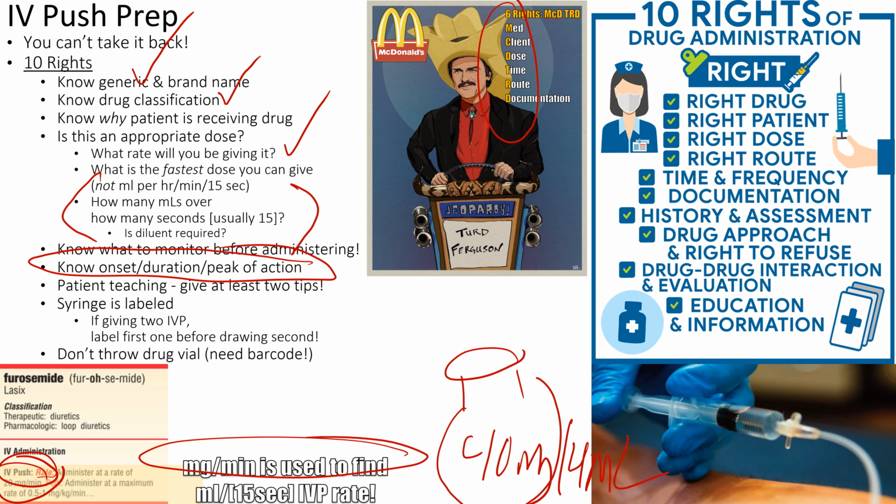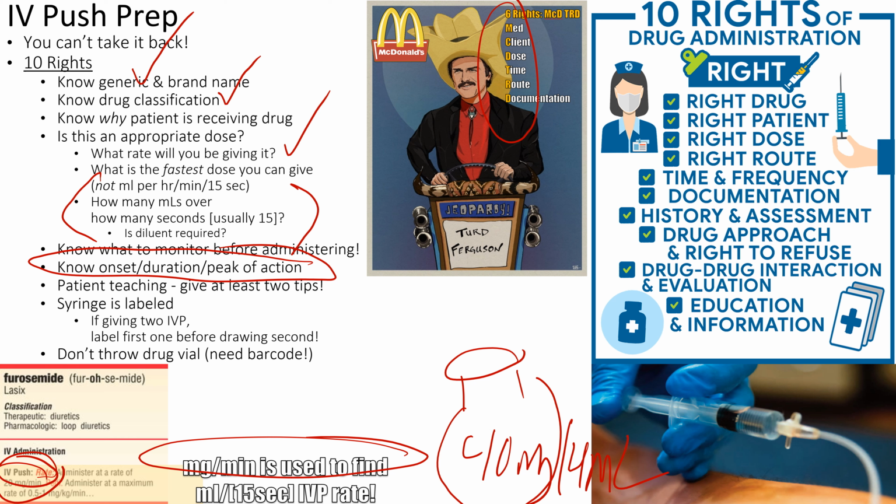So if you think about it, it's 20 milligrams a minute. I can only give half the dose in the first minute and the next half the dose the next minute. So that's 4 mLs over 2 minutes. 4 mLs over 2 minutes is 2 mLs a minute, divided by 4 is what? 0.5. So 0.5 mLs every 15 seconds is what I'm going to be eyeballing when I give this medication.